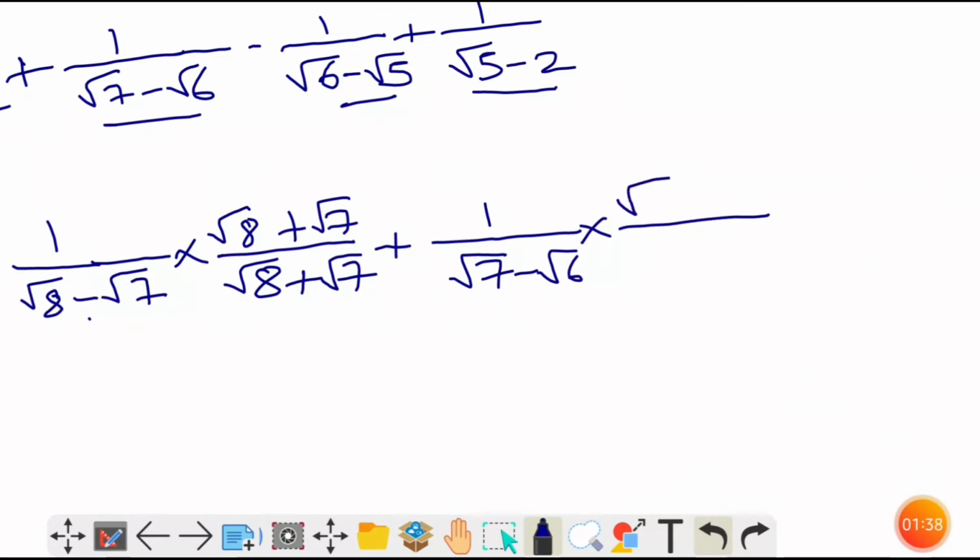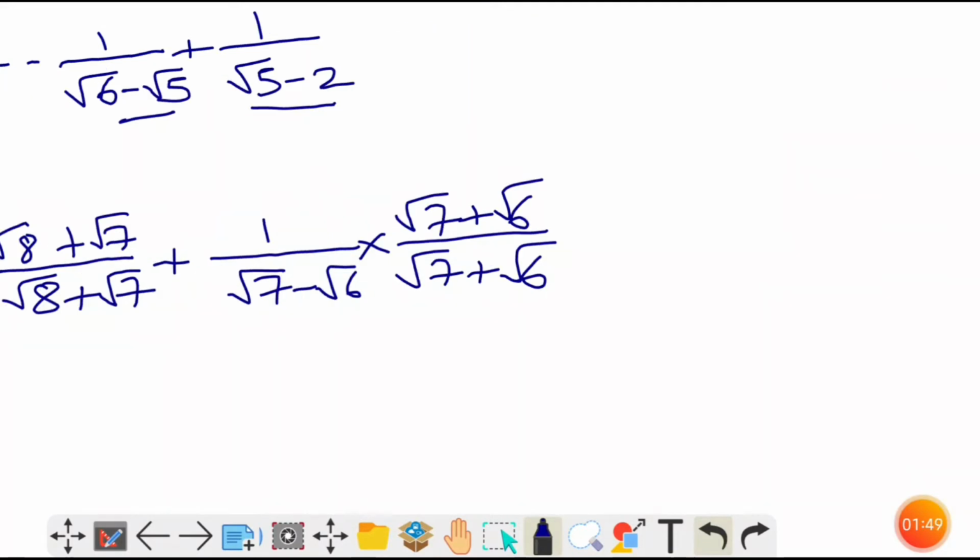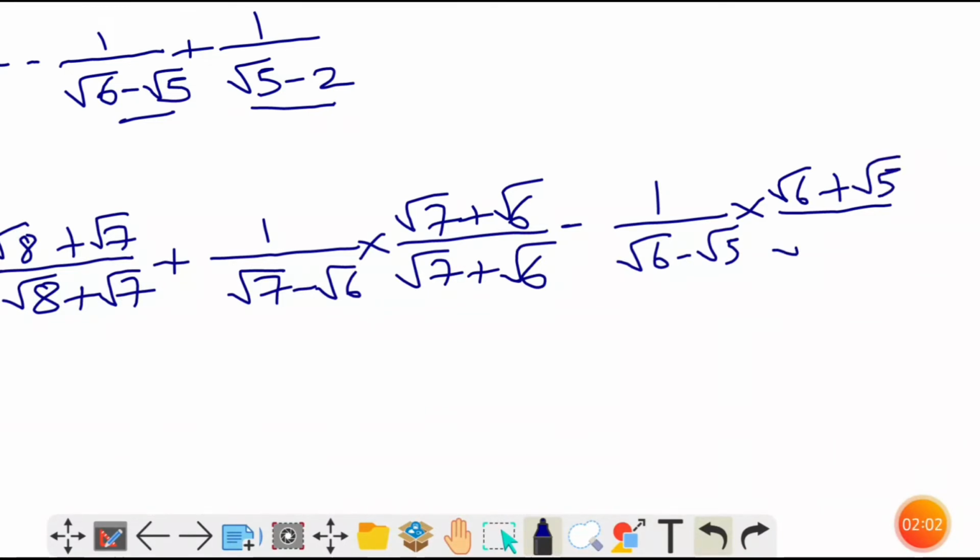Rationalizing factor will be root 7 plus root 6 upon root 7 plus root 6, minus 1 by root 6 minus root 5. Rationalizing factor will be plus, that is root 6 plus root 5 upon root 6 plus root 5.